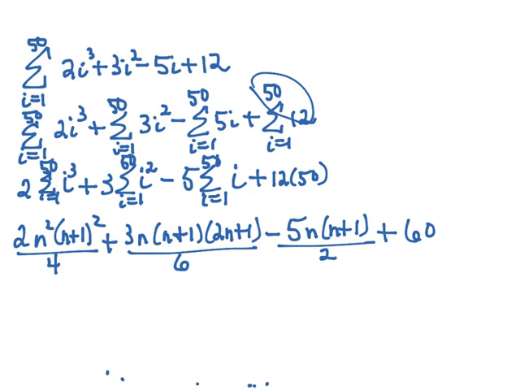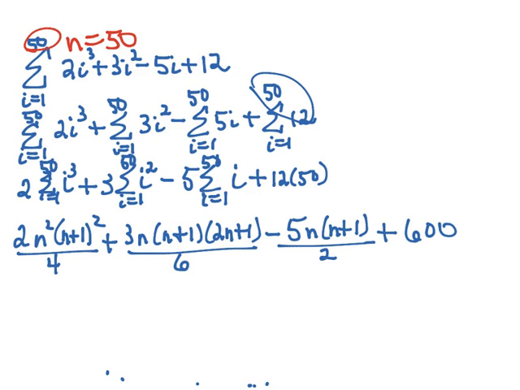plus 12 times 50 is 600. And now our final step is going to be to plug in the value for n, which in this problem is 50. If we go back and look, n is equal to 50.